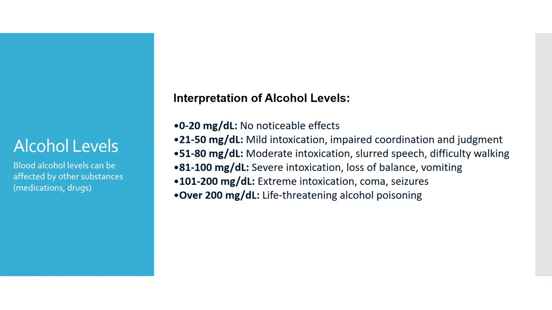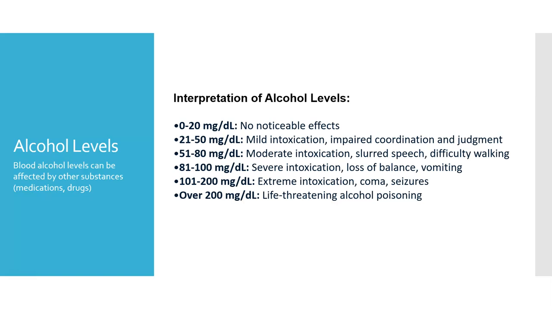So if your patient comes in and they have a 21 to 50, they're mildly intoxicated, probably have some impaired coordination and judgment. You might want to watch them for safety for a little while until they sober up. If somebody is greater than 80, they're severely intoxicated, probably have a loss of balance and vomiting.